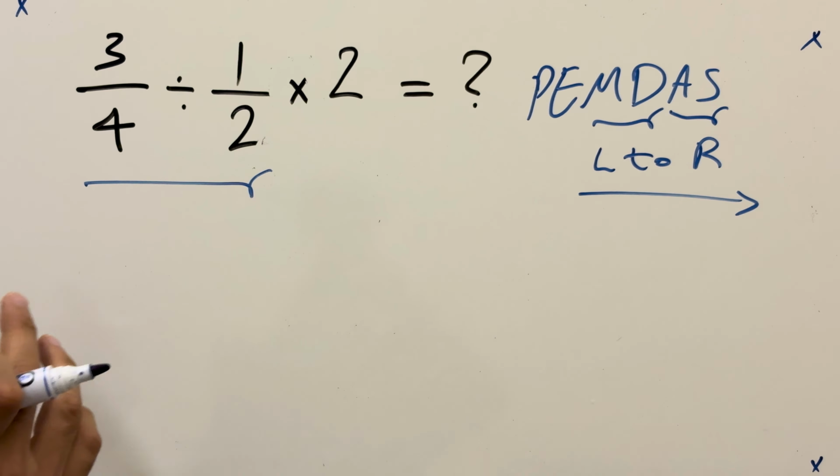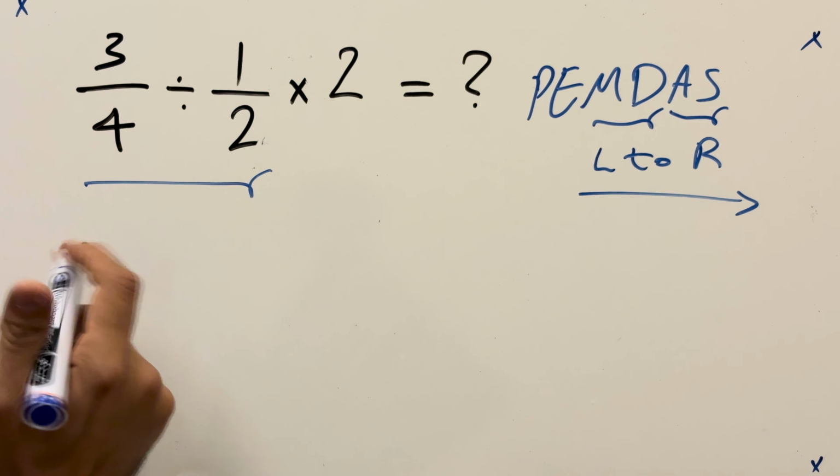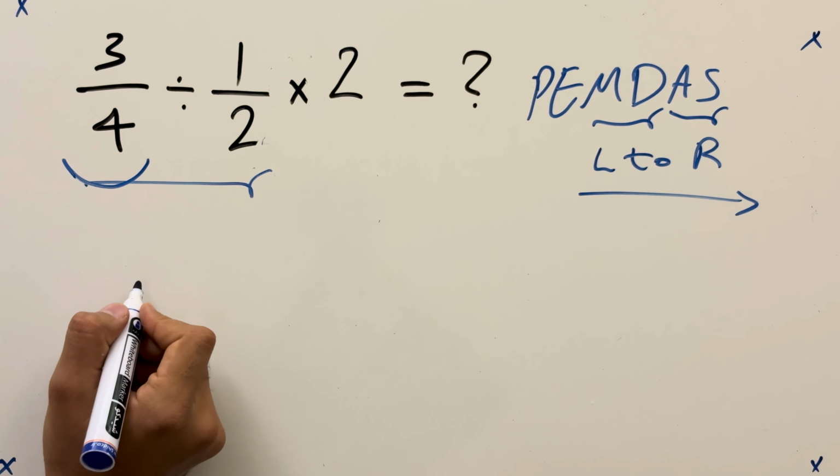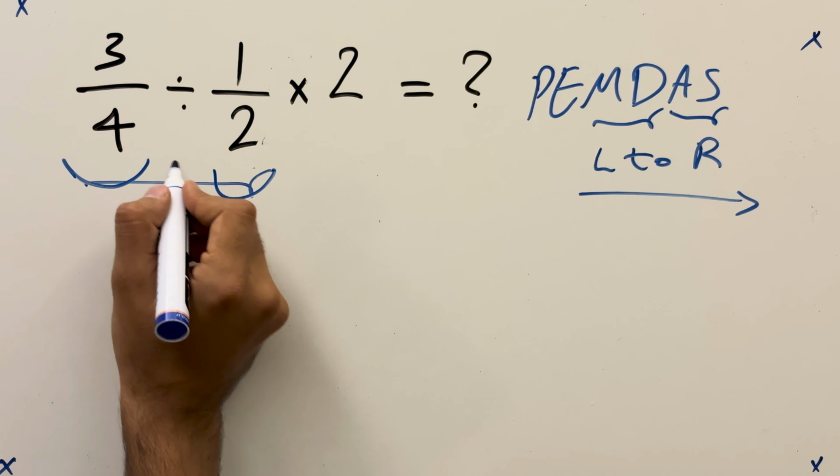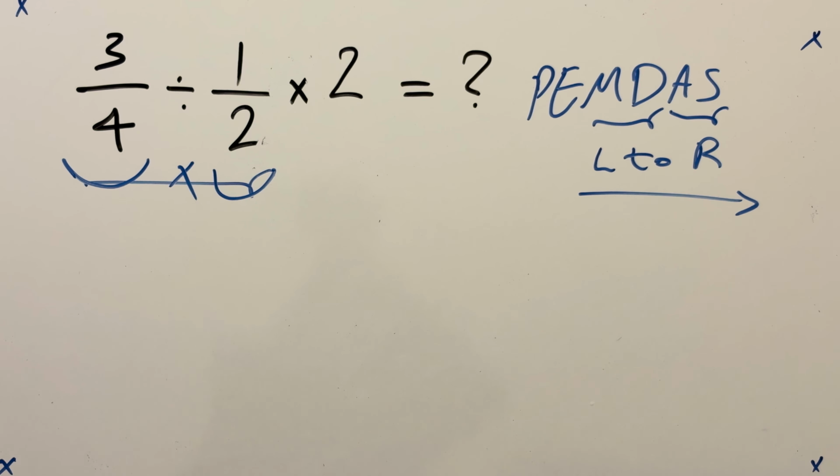When we divide fractions, we keep the first, flip the second one, and multiply. Okay?